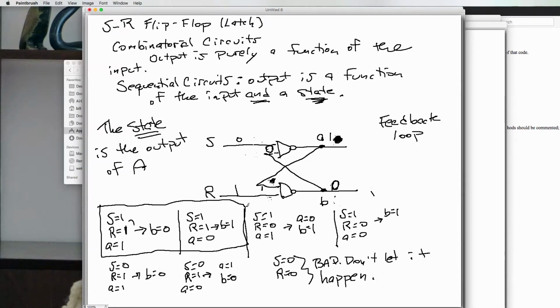Now what happens over here in this situation when s is 1 and r is 0, we can see what happened here. A went from 1 to 0, and here when it was in 0, it stayed at 0. So what we're going to do is we will say here it clears the state.